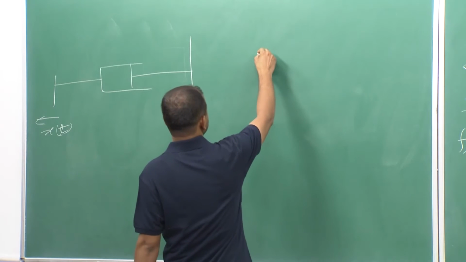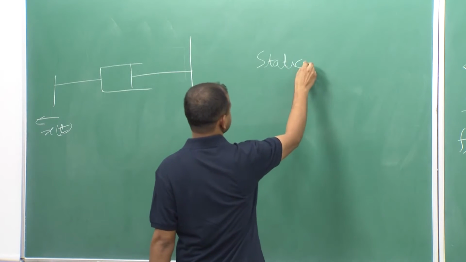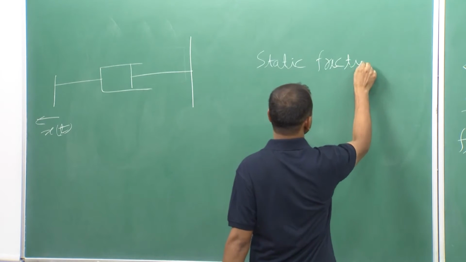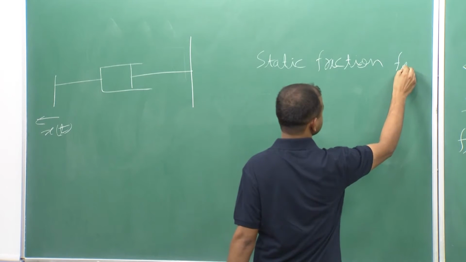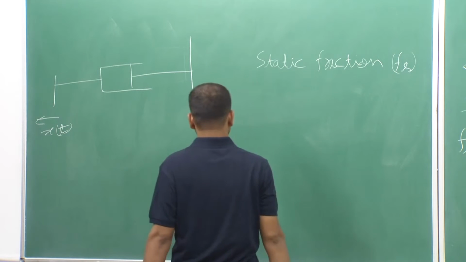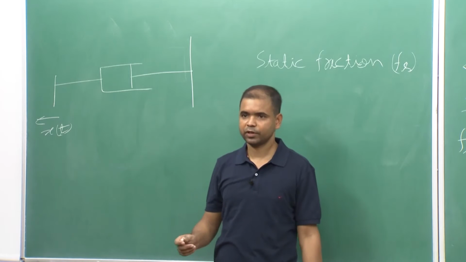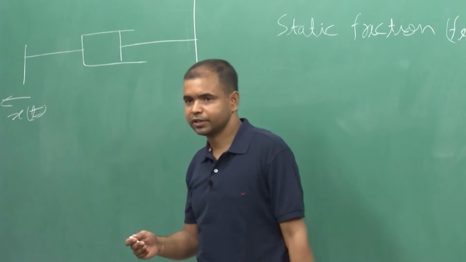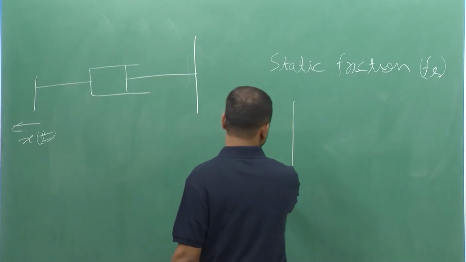The one is static friction, F of s. Static friction is what we realize when we apply a force on a body just before the movement. Once the body starts moving, this friction disappears.